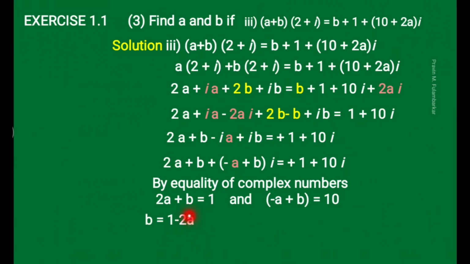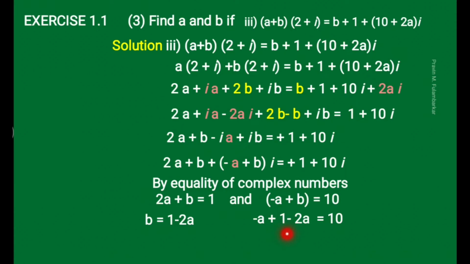Here we substitute the value of b in terms of a, so we transfer this 2a to the right hand side. We substitute b equals 1 minus 2a in the second equation. So we replace this b by 1 minus 2a. So minus a minus 2a, we get minus 3a.